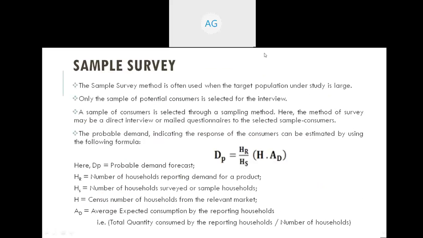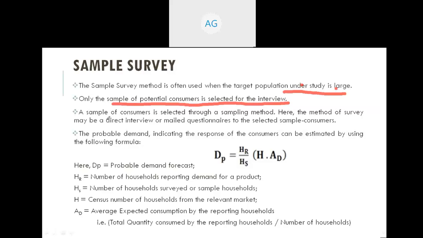So moving to the next method. So next method is the sample survey method. The sample survey method is often used when the target population is large. So only a sample of potential consumers is selected for the interview.